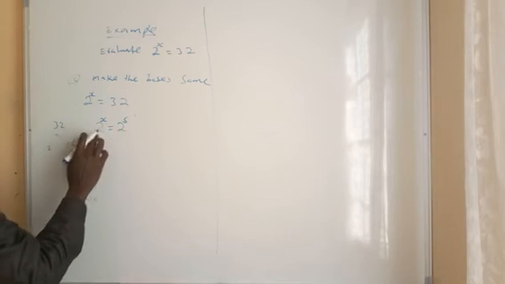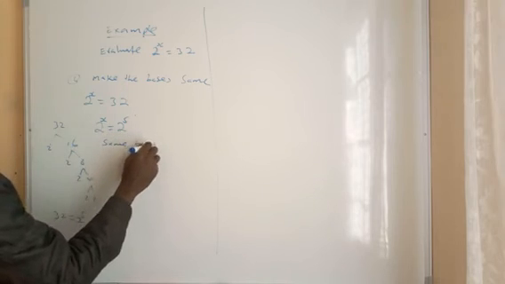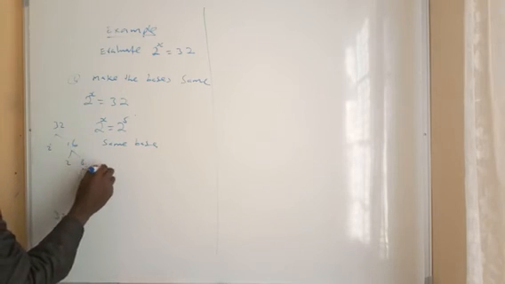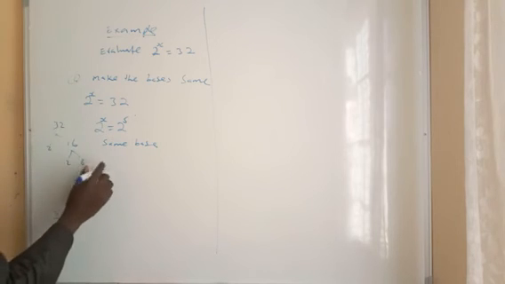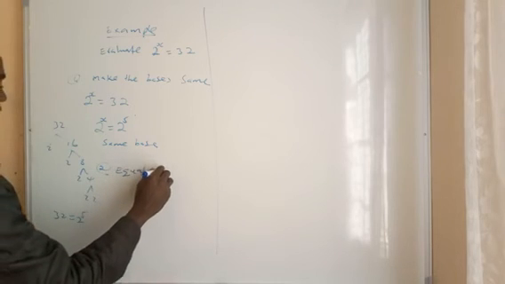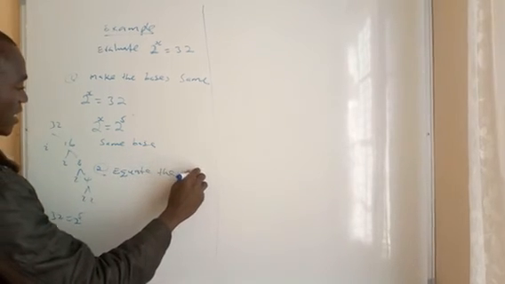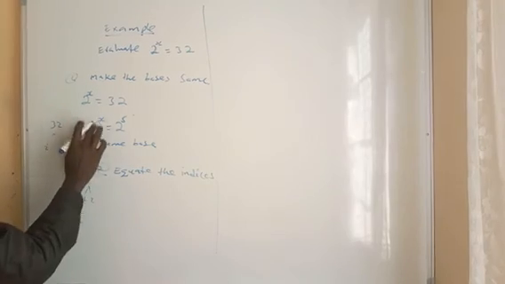Are the bases the same? Yes, same base. So if the bases are the same, number 2, this was number 1, make the bases the same. Number 2, equate the indices or the power. What is the power to this 2?